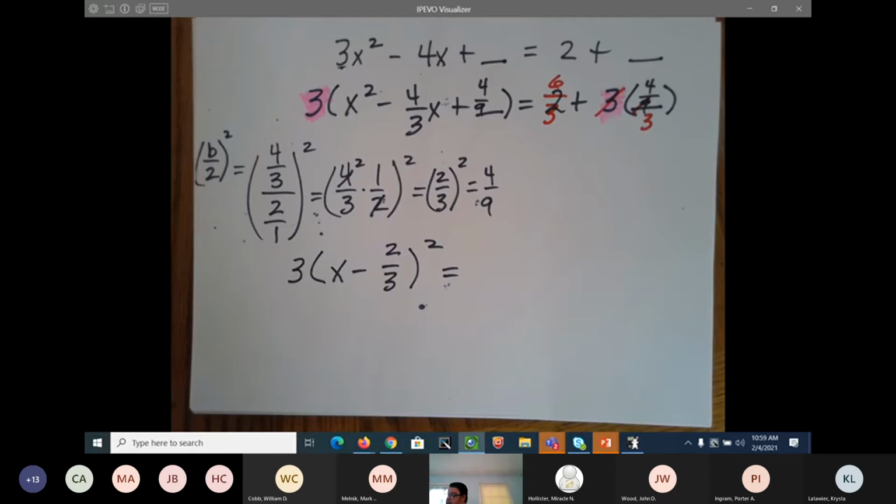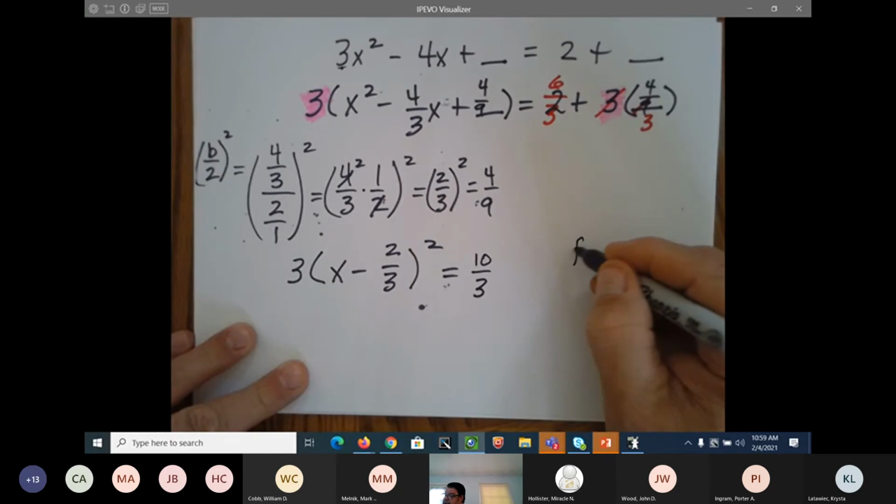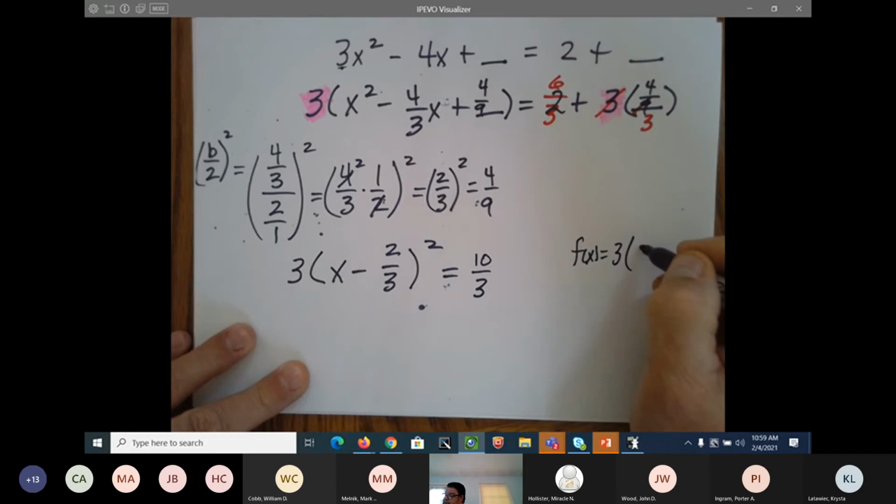So the vertex or the intercept method, f of x is equal to 3 times x minus 2/3 minus 10/3. And that's the intercept method. The vertex is 2/3, comma, negative 10/3. That's your vertex.